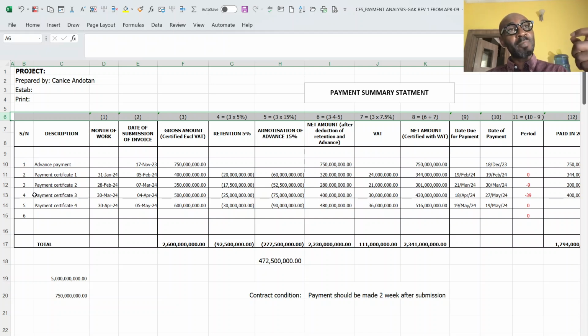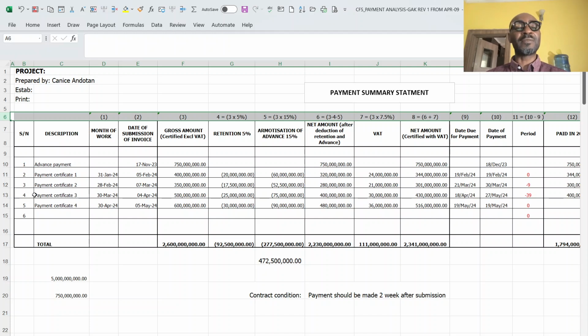And if the client delays in paying, it will be affecting him also from his lenders. So whatever losses he is going to incur as a result of that delay, the client should be the person that will bear the burden. So that is the essence of it.